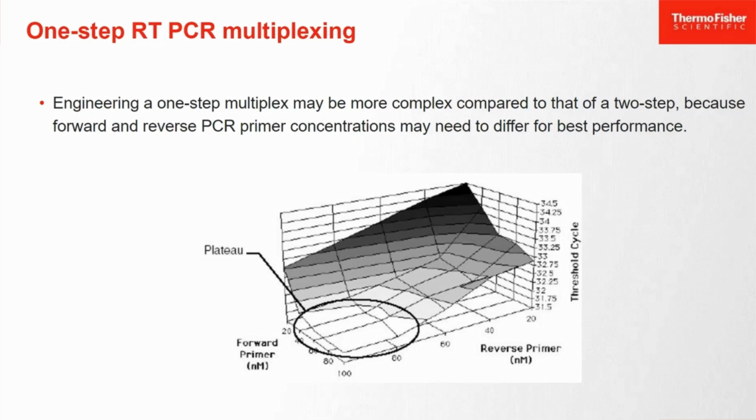You can see in this example that parameter titrations were performed for a multiplex using the one-step chemistry, and there's a relatively small region, we're calling it the plateau, where the parameter concentrations are optimal.